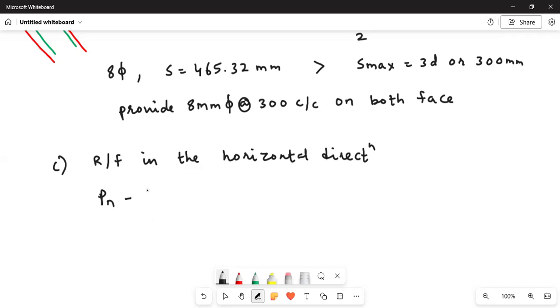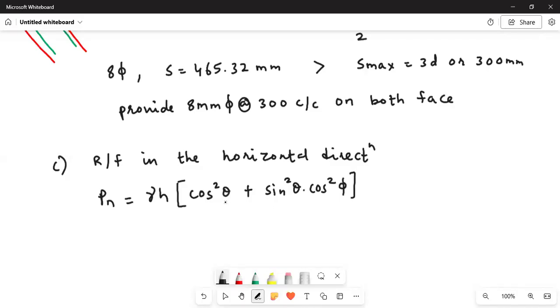Pn equal to gamma h, H is different here, I will tell you what is H here, bracket cos square theta plus sine square theta into cos square phi.